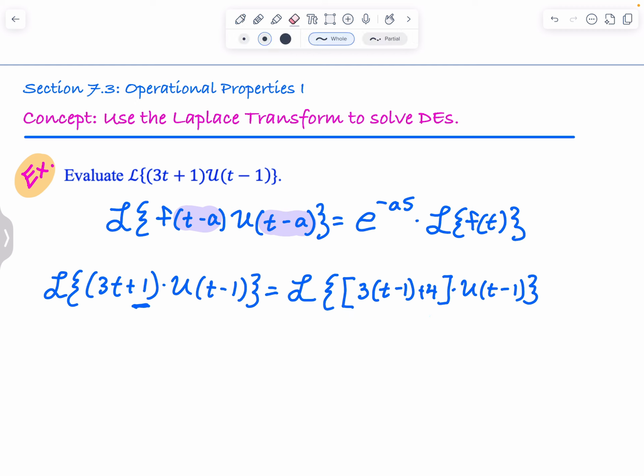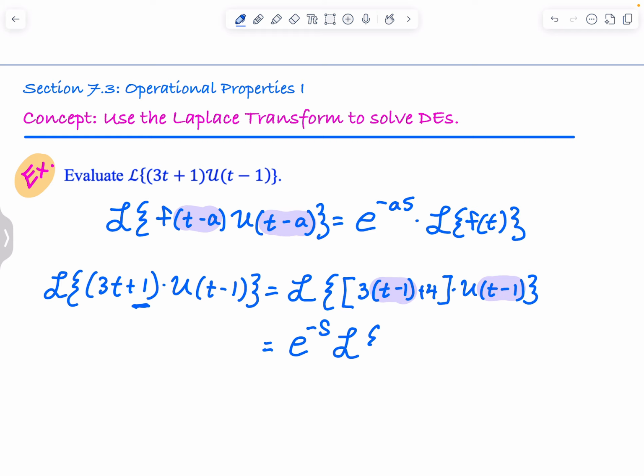Okay, so we didn't change any values. All I did is manipulate it. You can see now that t minus 1 is in both. So I can actually apply the formula. I get e, and then e to the negative a. So it's going to be a negative s. And then we're going to do the Laplace. Actually, we should write it out here.